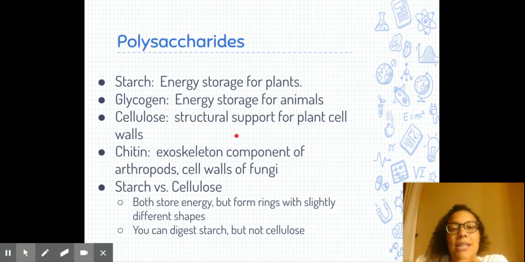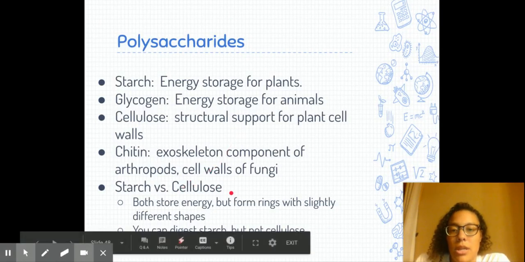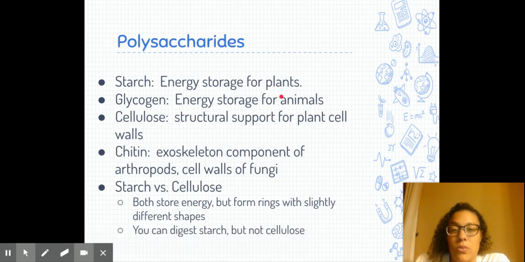Chitin is another form of a polysaccharide that looks like the other few, but this is going to be a structural component for the exoskeletons of a variety of our hard shell insects, we'll say, our arthropods, okay? And like I mentioned above, the difference between starch and glycogen is which animal they are.